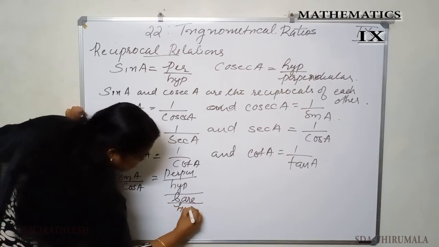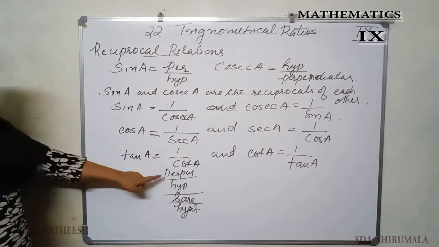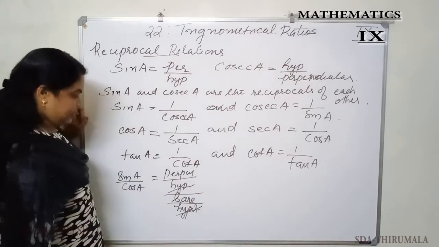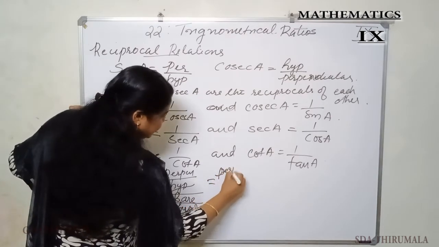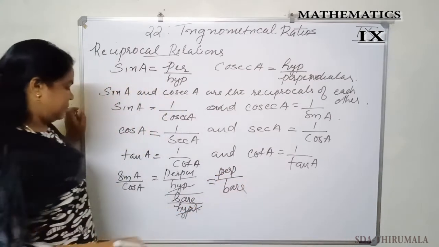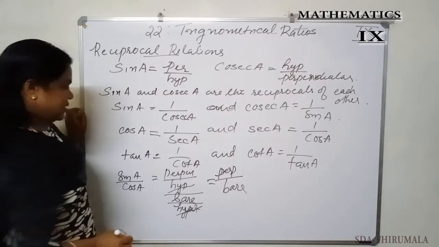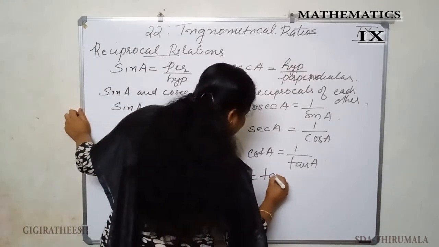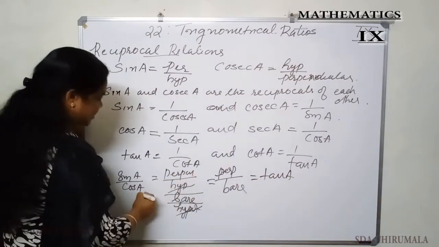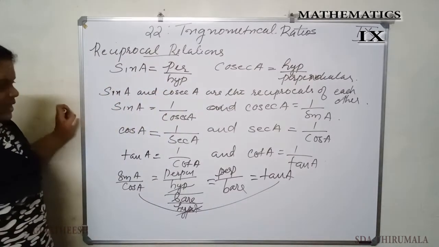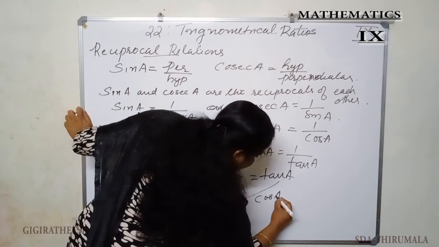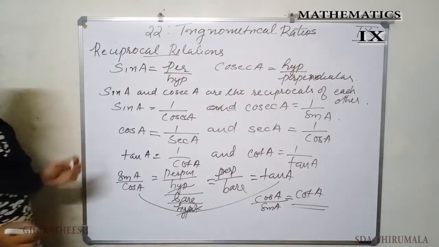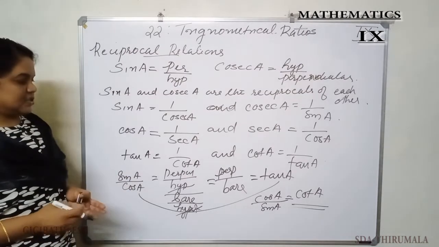Cancelling the two hypotenuse, we get perpendicular by base, which is tan A. So sin A by cos A is equal to tan A, and cos A by sin A is equal to cot A. These are the reciprocal ratios of the 6 trigonometrical ratios.